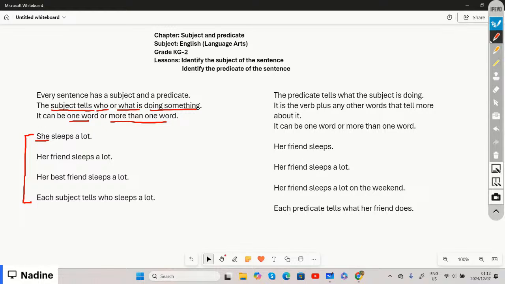If we look at the next one, it says her friend sleeps a lot. And if we were to identify the subject that tells us who or what sleeps a lot, then we can say it's her friend.